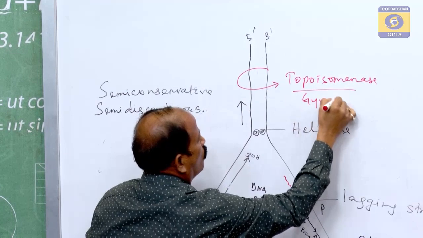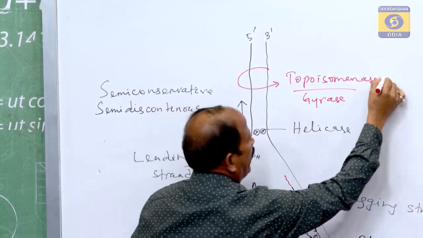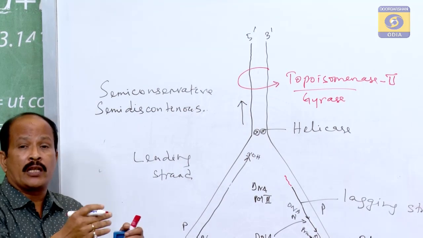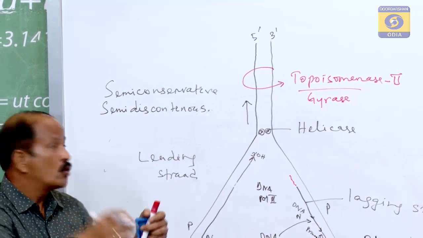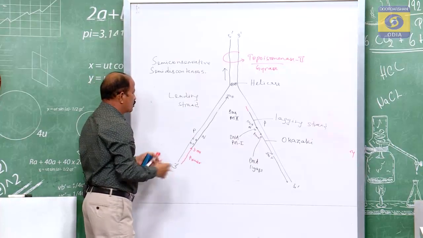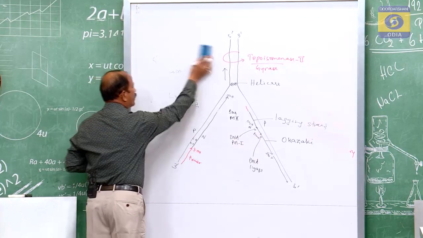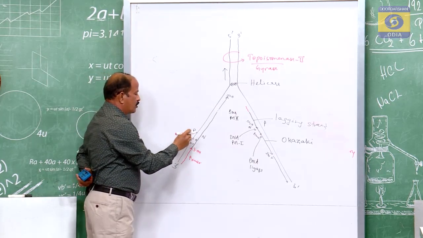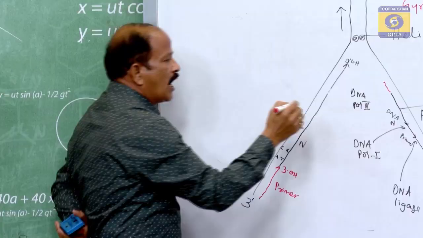Gyrase is the enzyme which removes the supercoils created ahead, so that the fork can move.